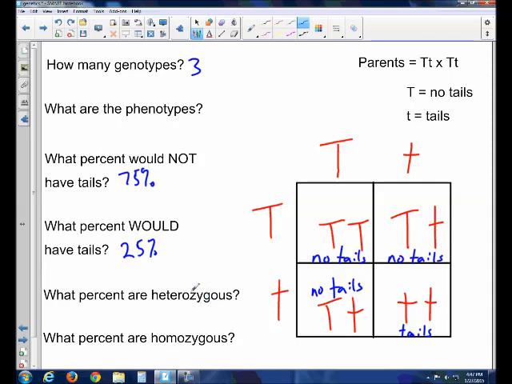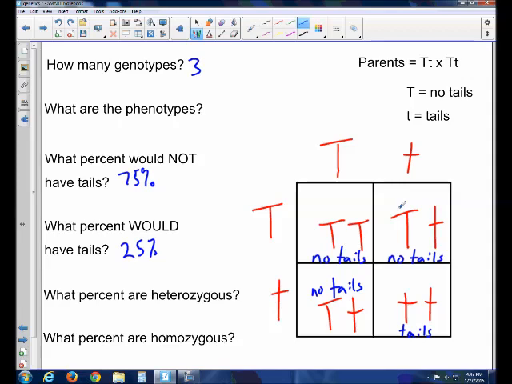Now we have 2 more words that we really haven't said a whole lot about. What percent are heterozygous? Heterozygous means that you have 2 different forms of the same gene. In this case, we're pretending there's a gene that makes tails. And so what percent have both forms?